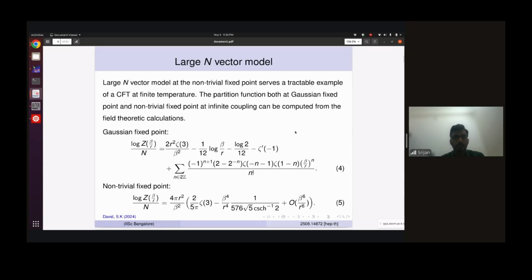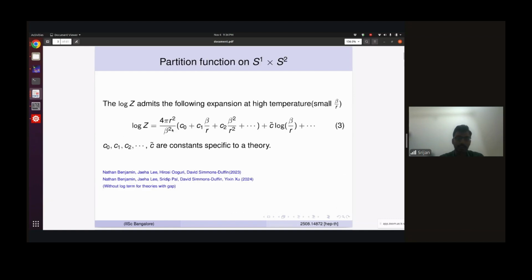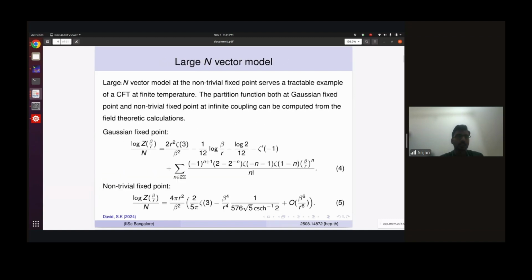Let me show this in our case, the large N vector model. I can readily give you examples of this kind where such expansions are there. One of the reasons to study this large N vector model at the non-trivial fixed point is that this is a tractable example of a CFT at finite temperature.